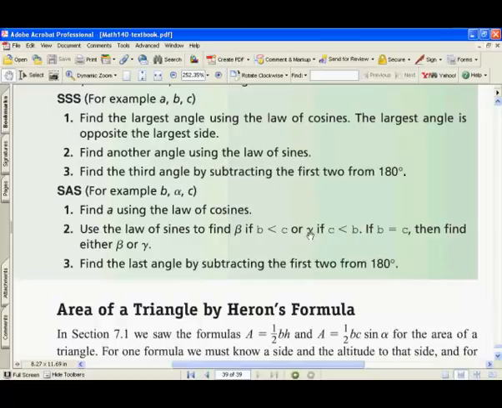In any way, you find the smaller angle of the two remaining angles. And if B equals C, then find either beta or gamma. Doesn't matter. Okay. Then step 3, find the last angle by subtracting the first two from 180 degrees. Then in this case, you find the third side and the two remaining angles.